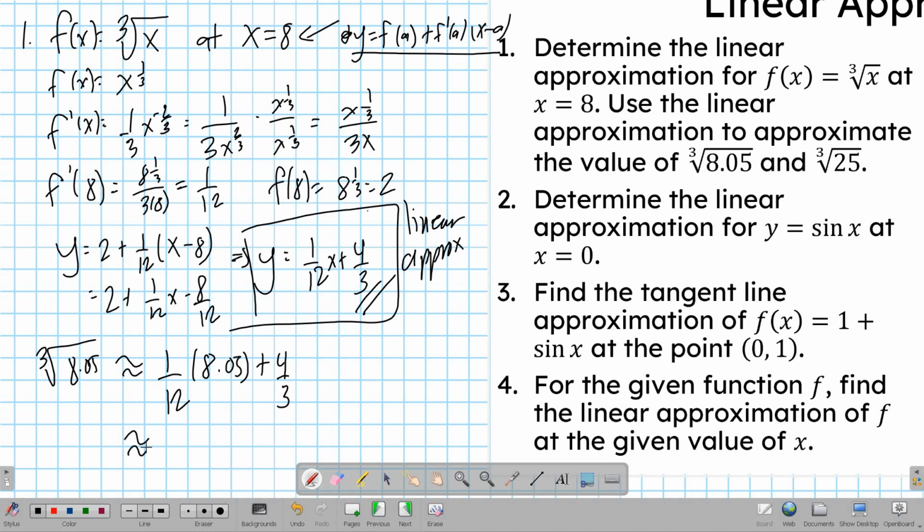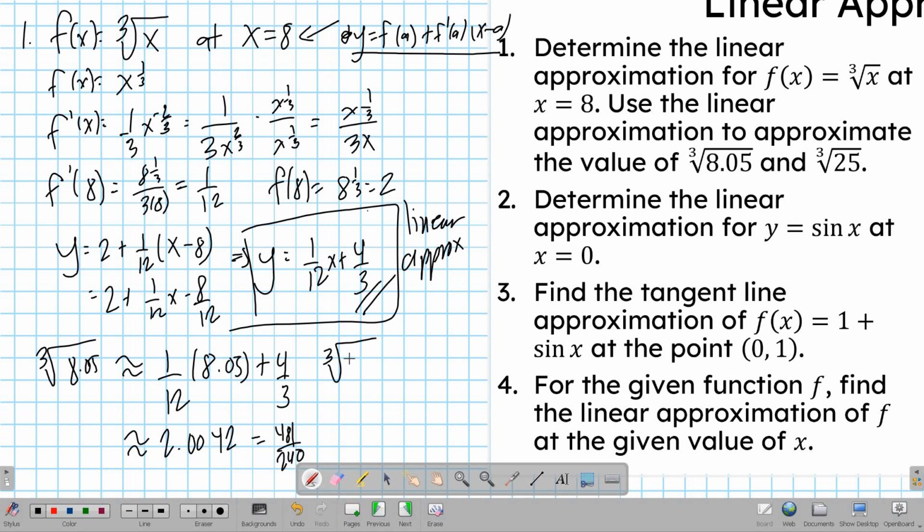This gives us an approximate value of 2.0042 rounded to 4 decimal places, or exactly, 481 over 240.